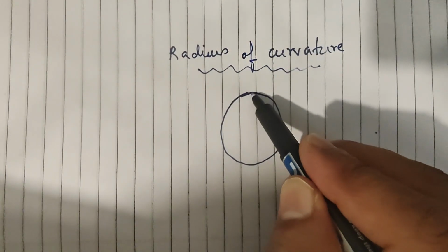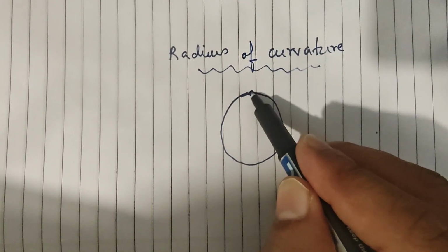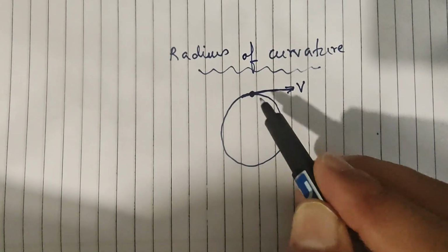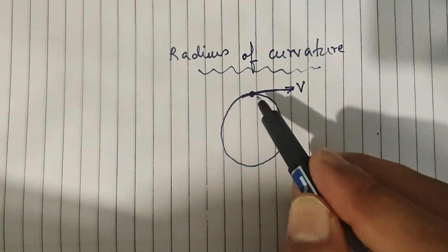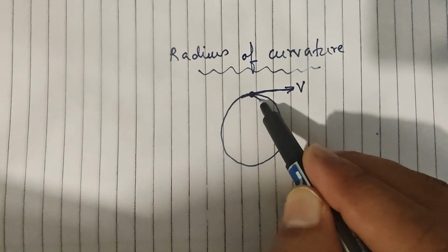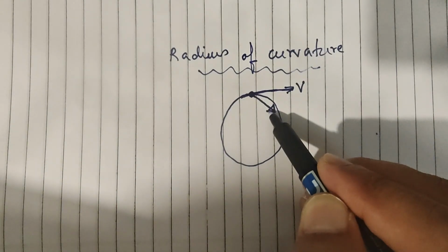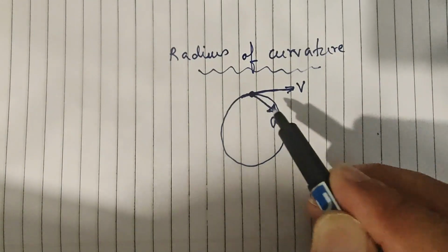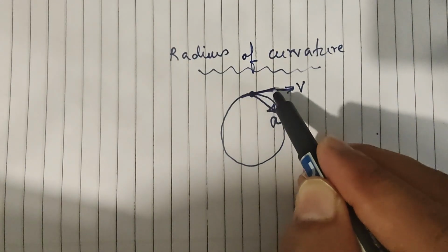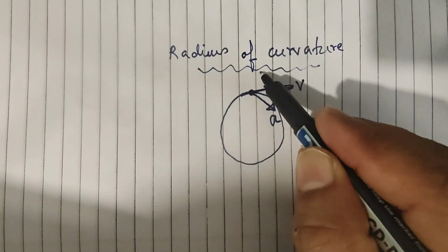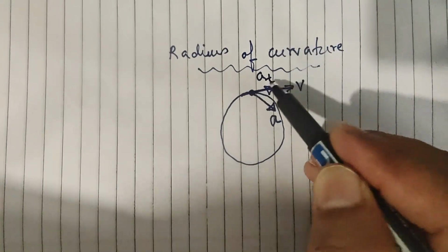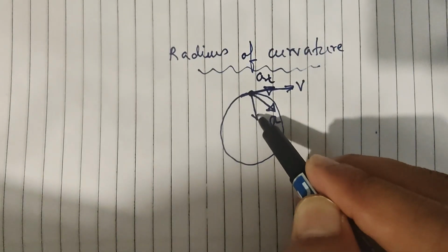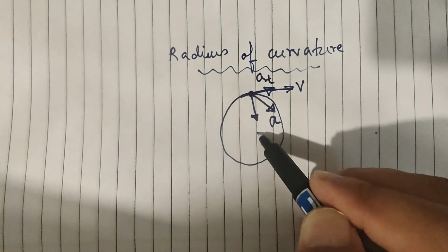Now at any instant, here let's say its velocity is along the tangent and acceleration could be anywhere, but let's assume it is somewhere here. This is the acceleration. Now, if you take components of this acceleration, one parallel to velocity, which I will write as a_t, tangential acceleration, then the other component will be perpendicular to velocity, right?